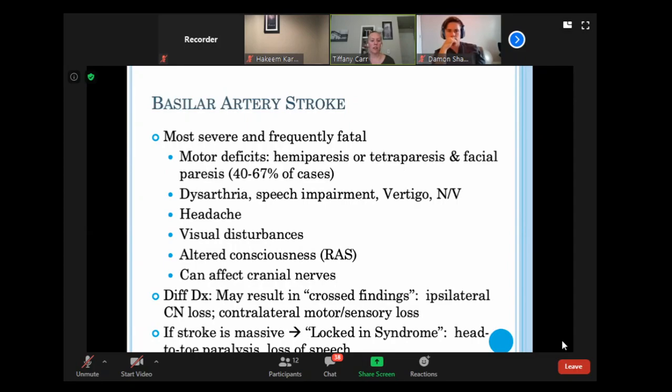The differential diagnosis may result in crossed findings, meaning ipsilateral cranial nerve loss and contralateral motor sensory loss. And if it's massive, they can have that locked-in syndrome, head-to-toe paralysis, and loss of speech.